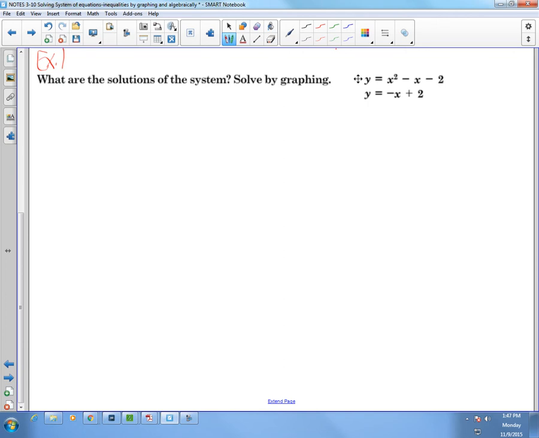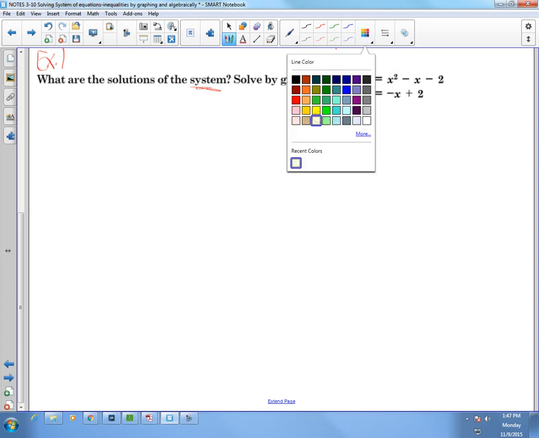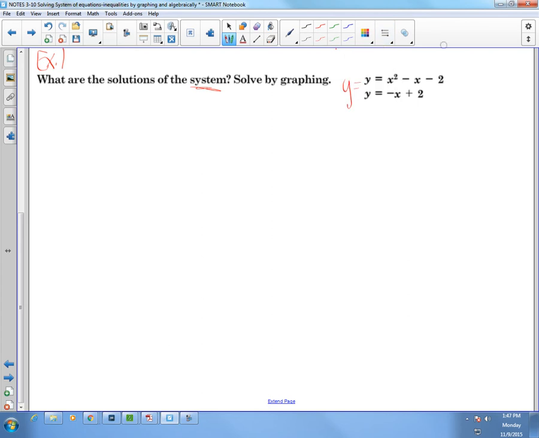2. So a system is multiple equations equal to the same variable. So essentially I can put y equals, and then a squiggly base like that.